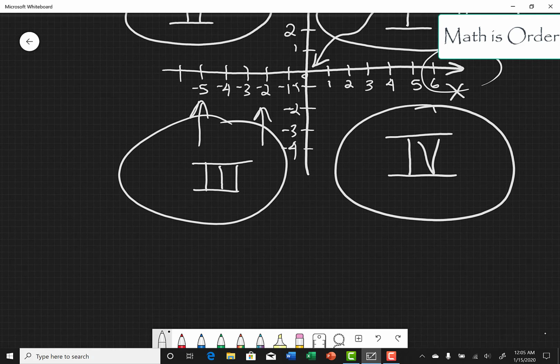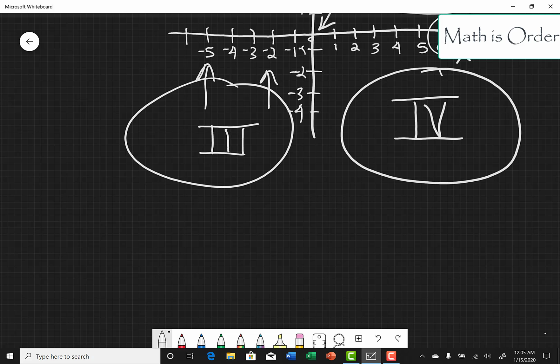By point, we just mean an ordered pair. By point in the plane, we mean an ordered pair. And so points are signified by ordered pairs. Let me write this down.